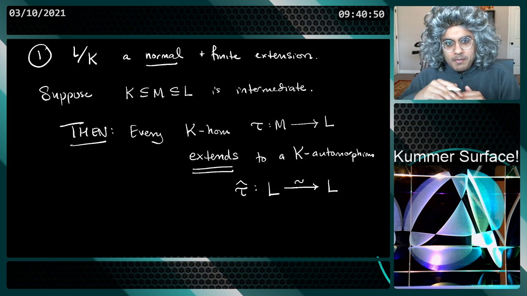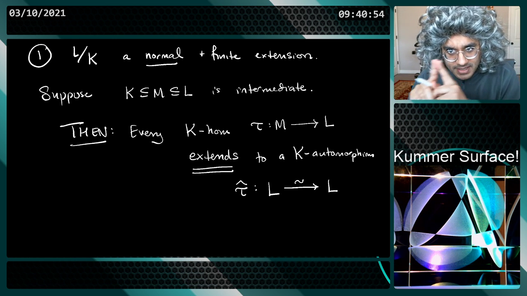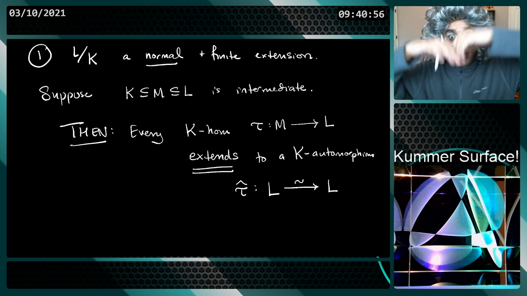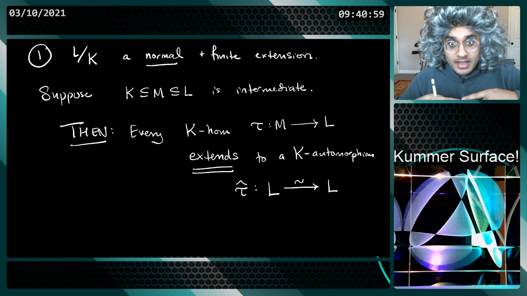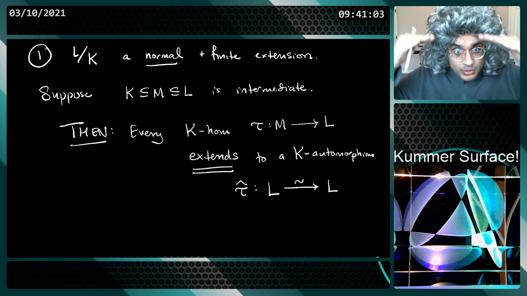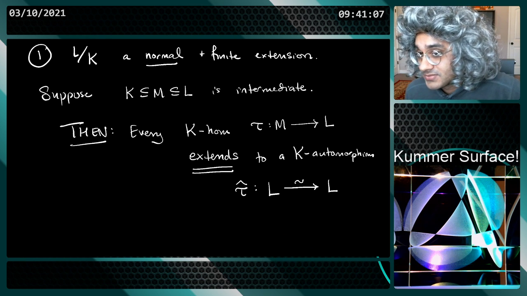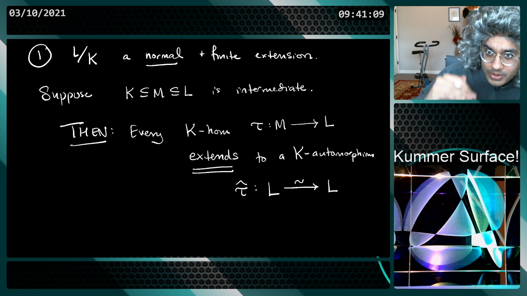Right, so you can upgrade a field map from M into L to an automorphism of L. In other words, there's an automorphism of L that when you restrict to its effect on M is this tau map. Tau extends to an automorphism.